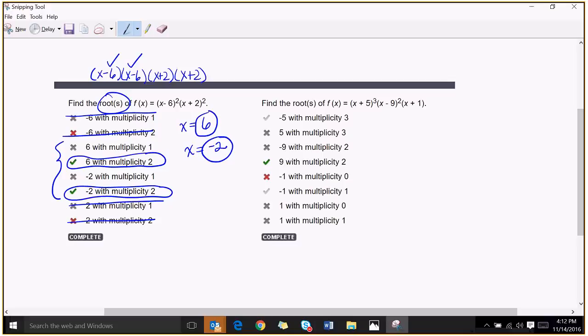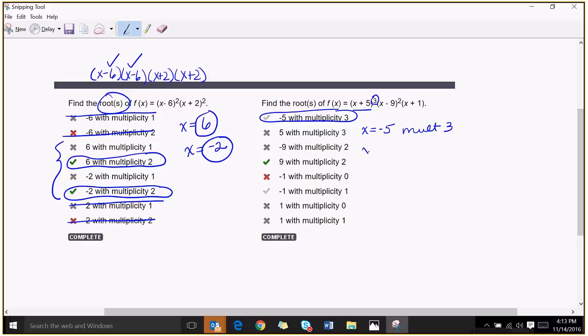I'll let you do it. So I've got three different factors here, right? Yes. When I set each one of them equal to 0, so when I set the first one equal to 0, what am I going to get? x equals negative 5. It's raised to the third power, so that means it's a multiplicity of 3. Right, so that's your choice number 1. Does that make sense? Yeah. So what will your next one be?